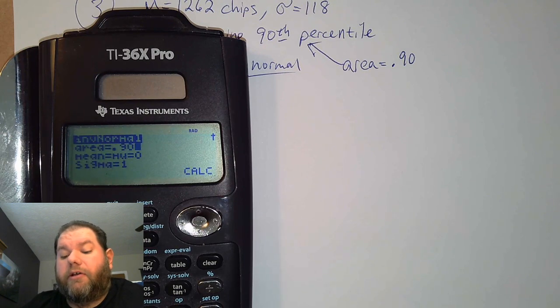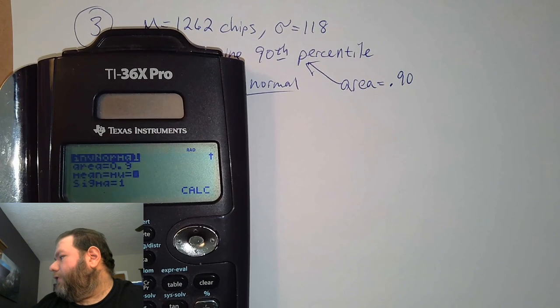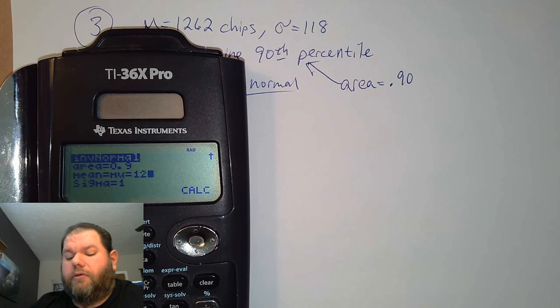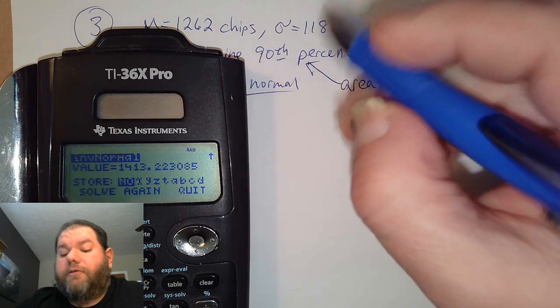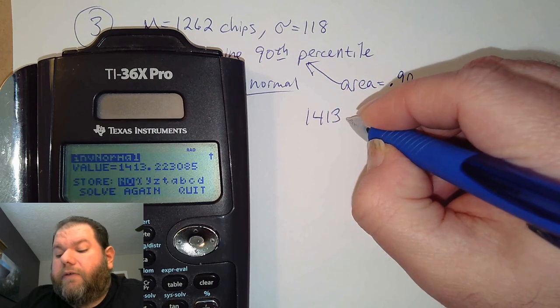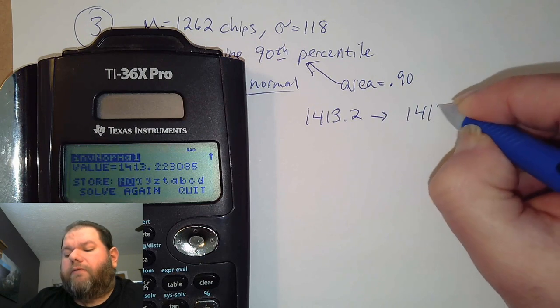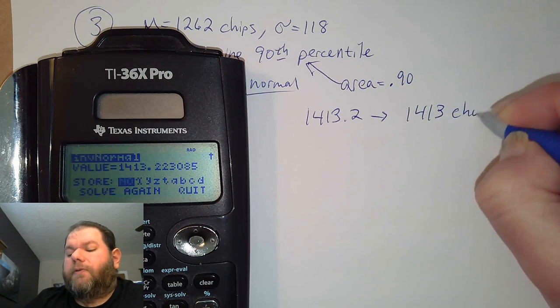That's our area. Our mean we said was 1,262, and our standard deviation 118. We go in there and we can just calculate from there. And it gives us a value of 1,413. And it gives us a decimal point too, but we'll go ahead and call it 1,413 chocolate chips.